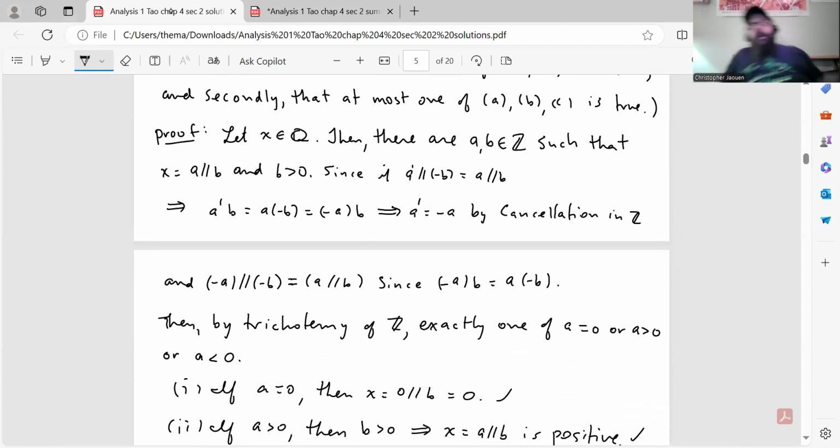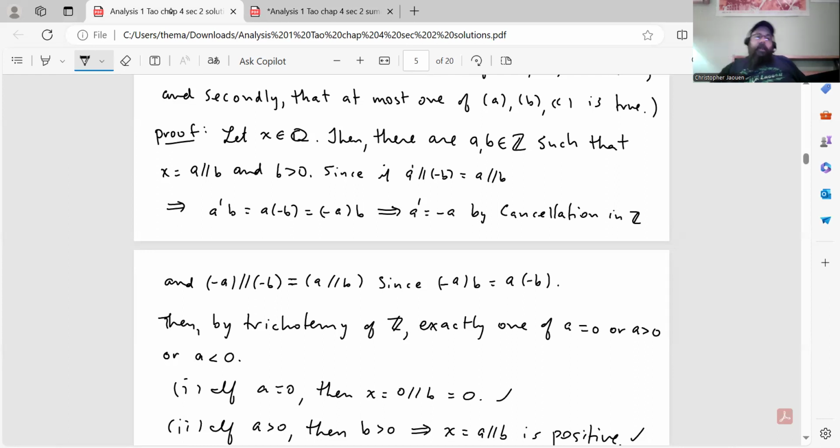Then there are a and b integers such that x is a over b, and we can assume here that b is positive, since if a prime over b is equal to a over negative b, that implies that a prime times b equals a times negative b, equals negative a times b, which implies that a prime equals negative a by cancellation in the integers, and that means that negative a over negative b is equal to a over b, since negative a times b is equal to a times negative b by properties of rational numbers.